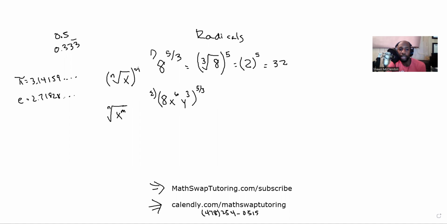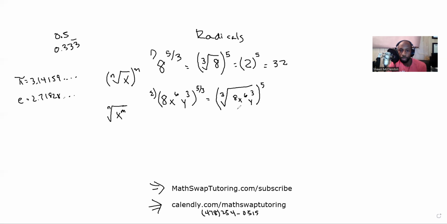So let's rewrite it using that form. So that becomes the third root of 8x to the 6, y cubed, and all of this is going to be to the 5th power.